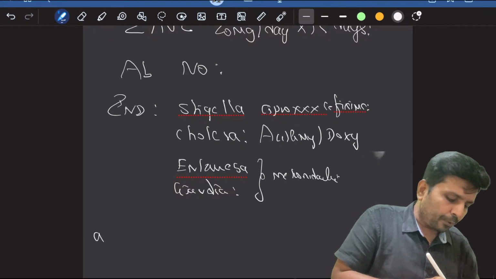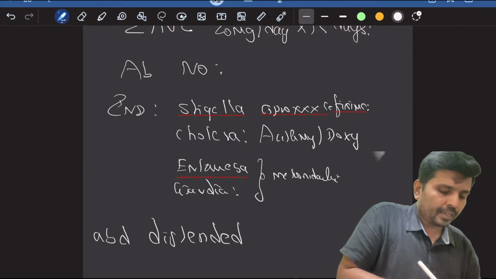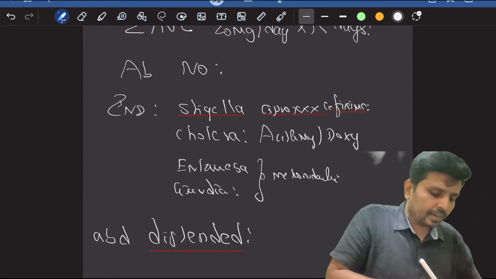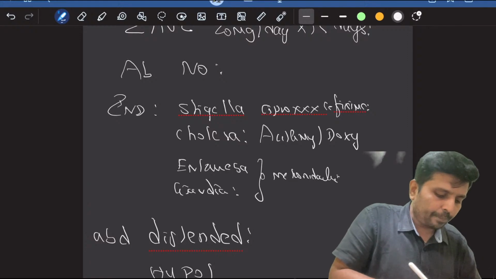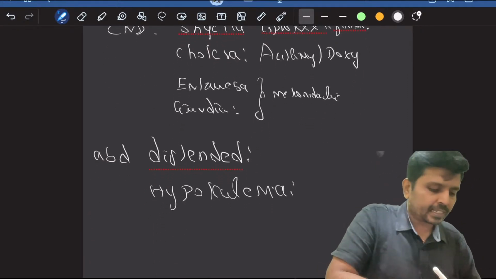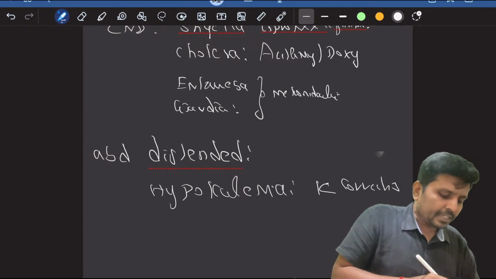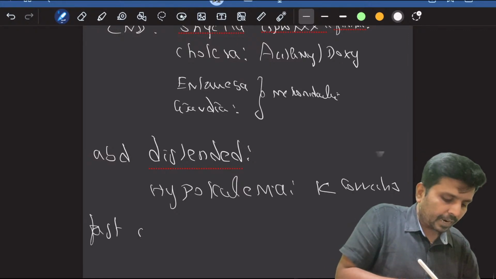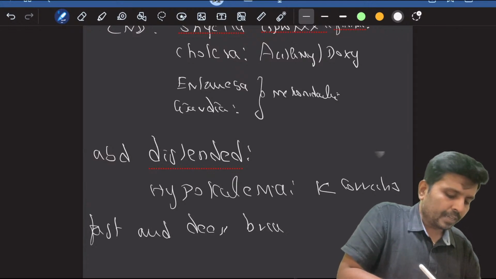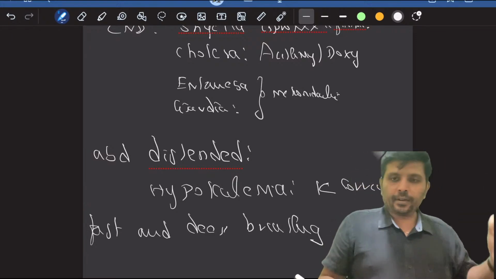When a child with diarrhea develops abdominal distension, what does it mean? The child develops hypokalemia, so you need potassium correction. When a child with diarrhea develops fast and deep breathing, what does it mean?